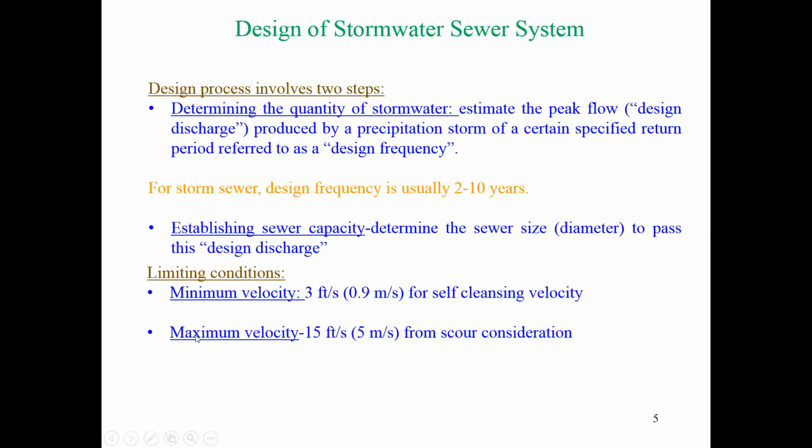And the maximum velocity is 15 feet per second inside the pipe, because if the velocity is more than that, there can be scour, or maybe the pipe will not serve through its design period. So when we select the diameter, we have to make sure that we check the velocity as well.